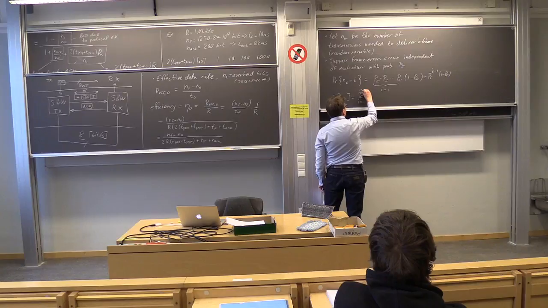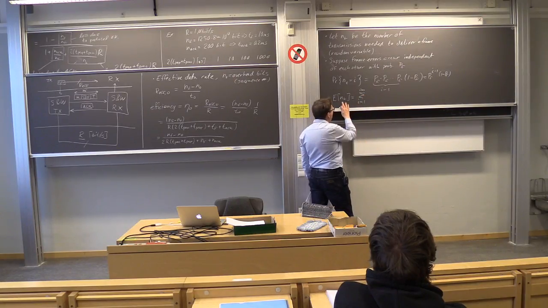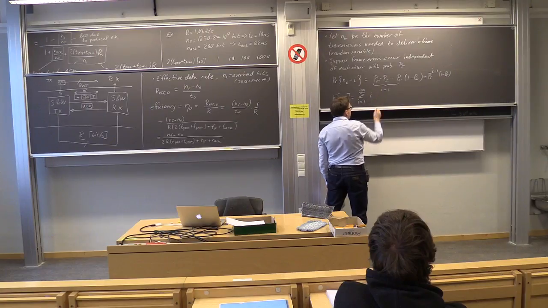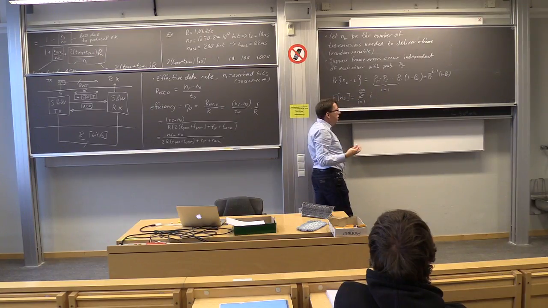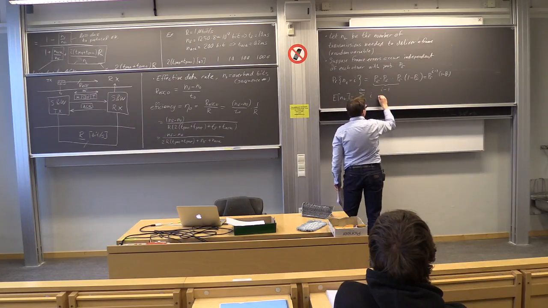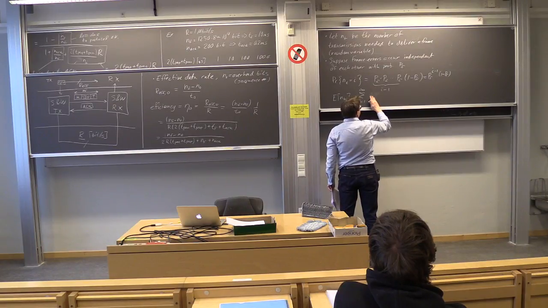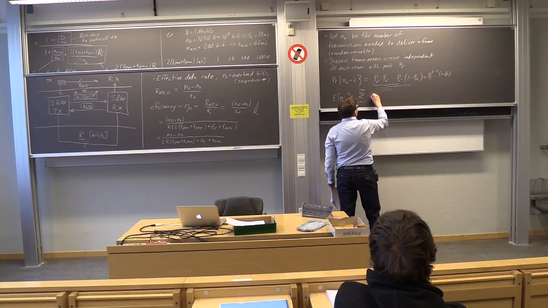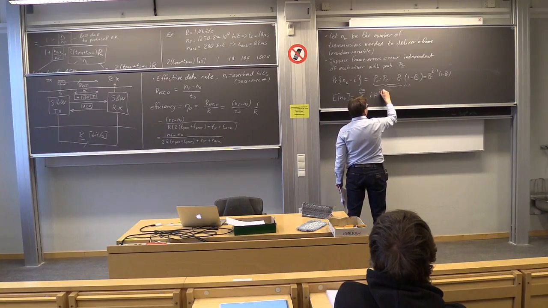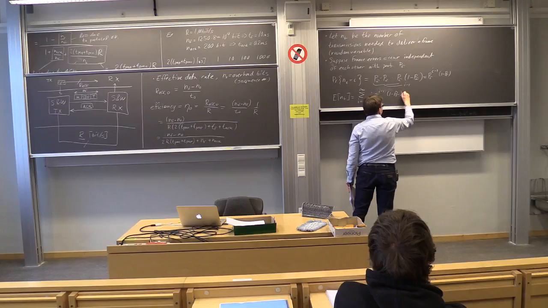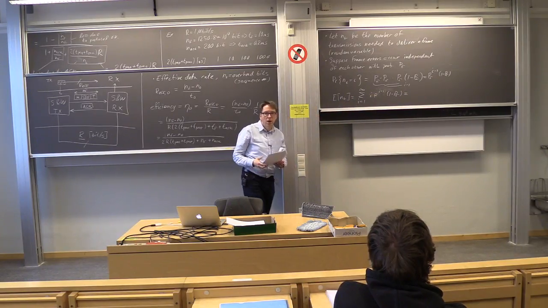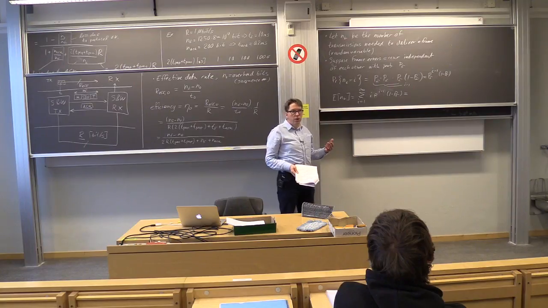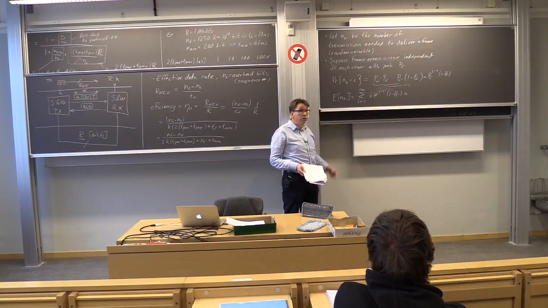So it's a sum from I equals 1 to infinity of I, the number of transmissions we're considering, times the probability that NT is equal to I, which is this one. So I times PF to the I minus 1 times 1 minus PF, like this.